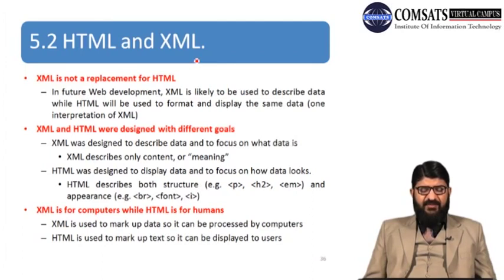So XML is basically for computers, while HTML is for humans. XML is used as markup data, so it can be processed by computers, while HTML is markup text, so it can be displayed to the user.